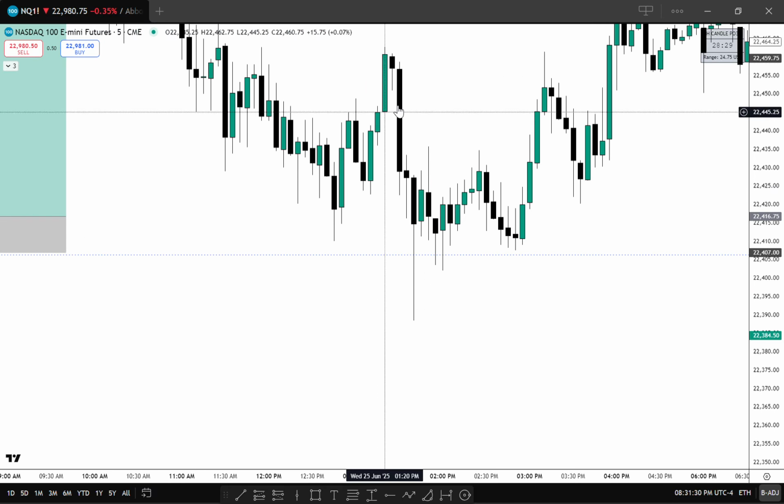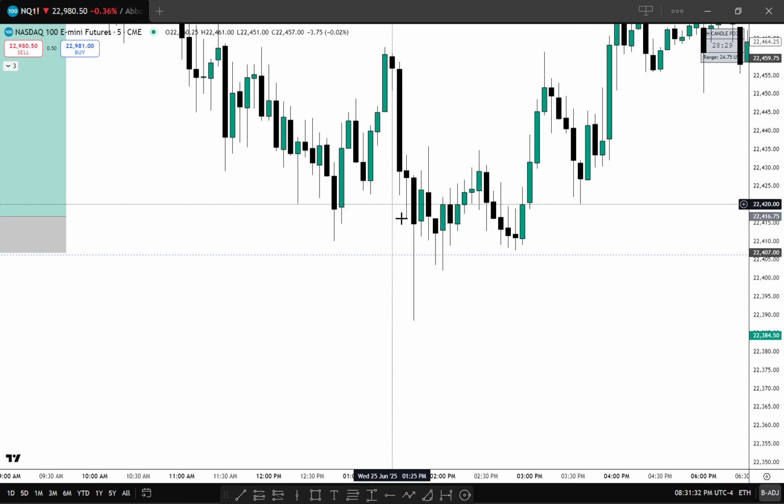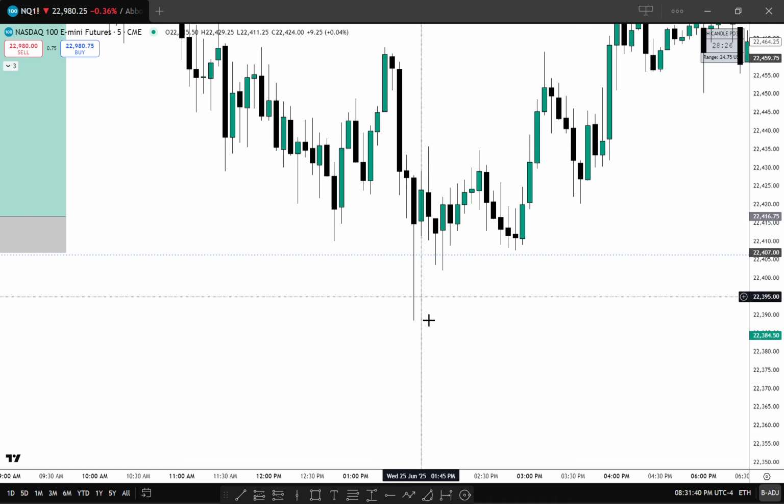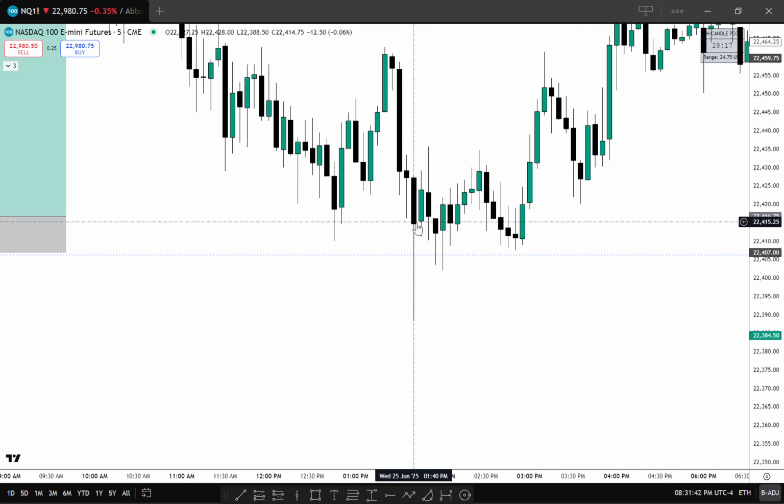So the way we look at wicks is in the lens of trapped buyers or trapped sellers. While this wick is forming, if anybody wants to go short, this candle would be like a large black candle in live time while it's forming.